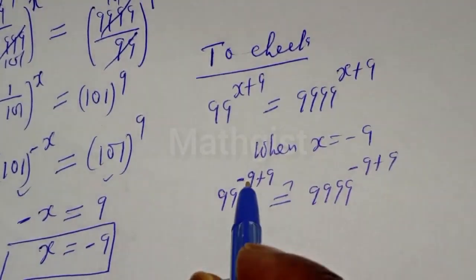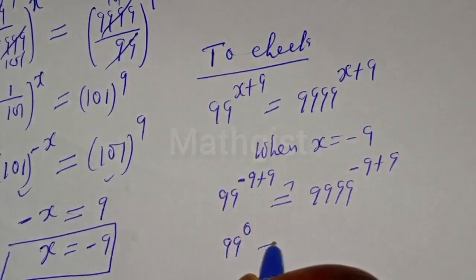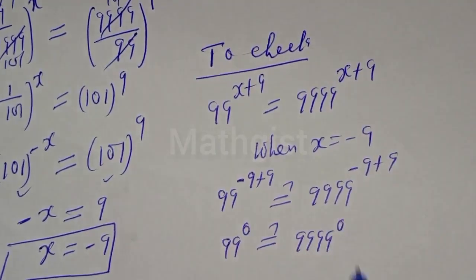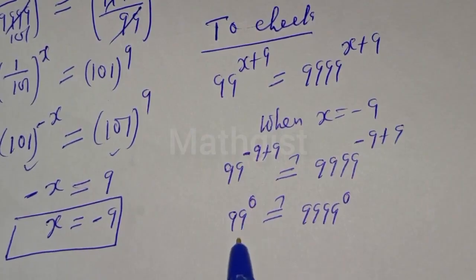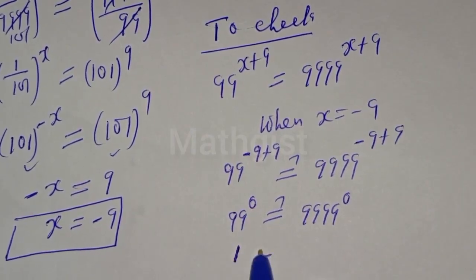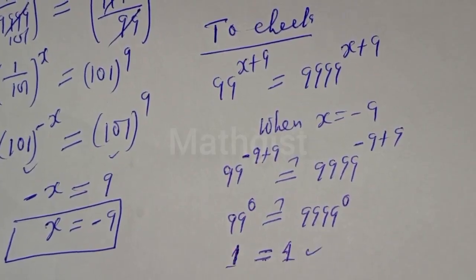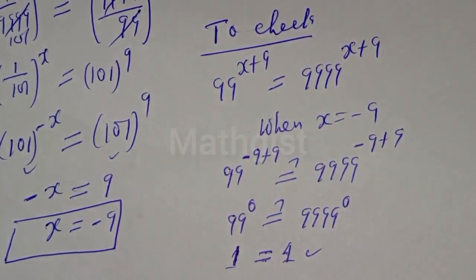And as you can see, minus 9 plus 9 is 0. This is 9 raised to power 0 must be equal to 99 raised to power 0. 9 raised to power 0, this is 1, is equal to 99 raised to power 0, this is 1, which is true at s is equal to minus 9.